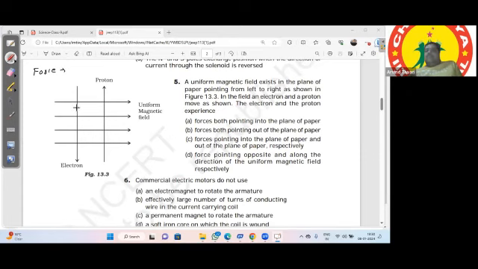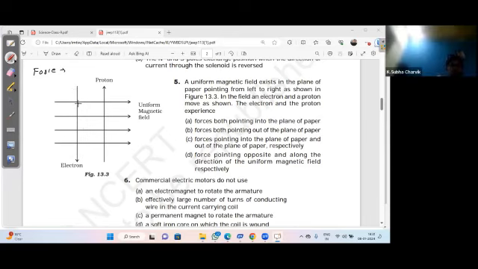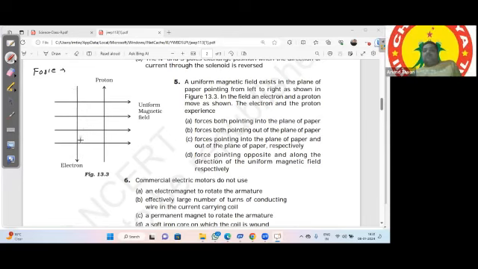So what will be the direction of current? Will this be the same direction or the opposite one? K. Subhacharvik, what will be the direction of current for the electron? Top to bottom. Top to bottom or bottom to top? Top to bottom, I think so.